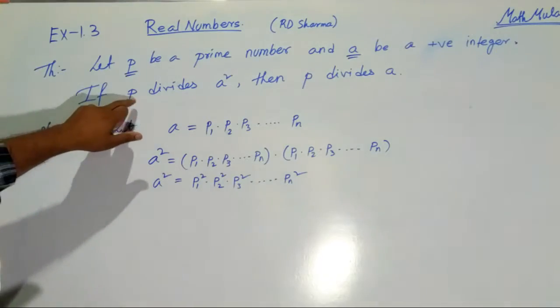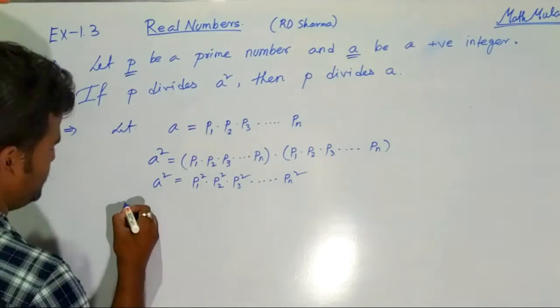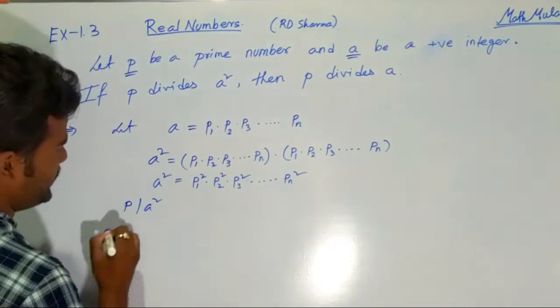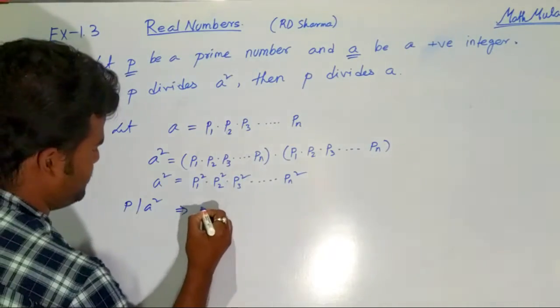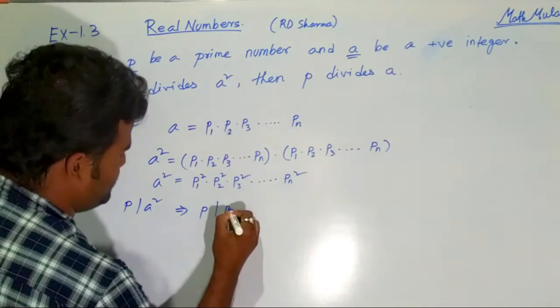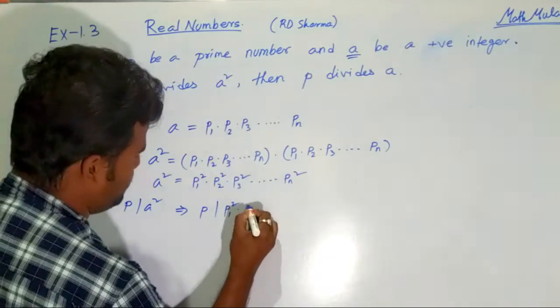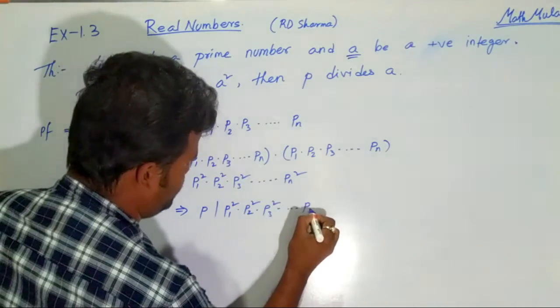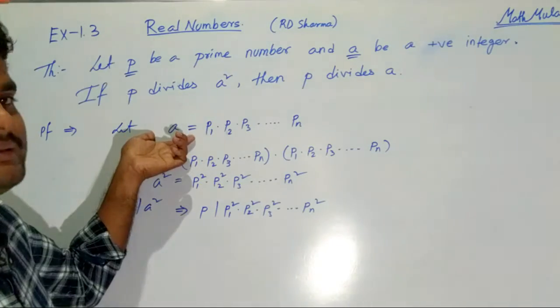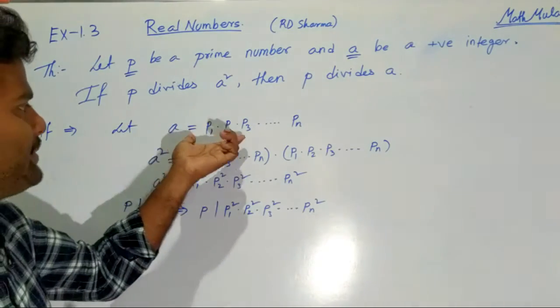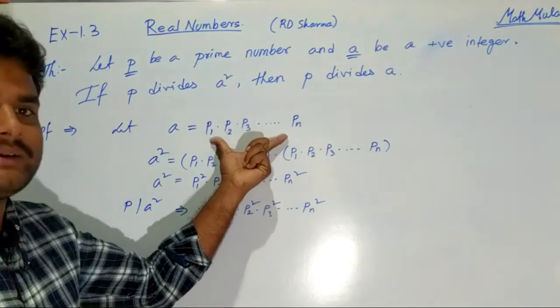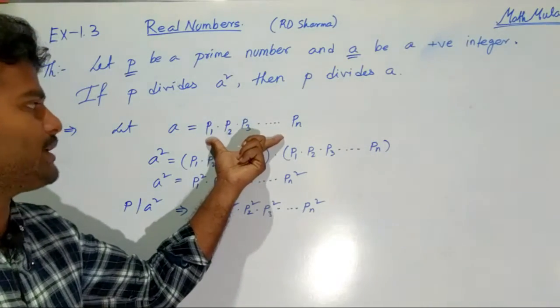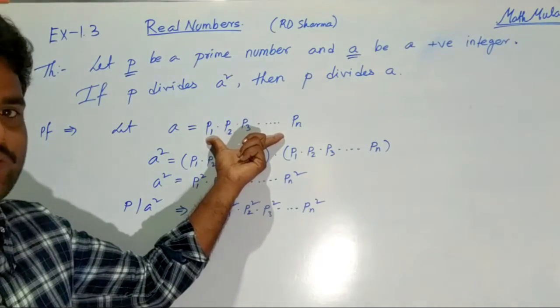Now P divides A square, that implies P divides P1 square, P2 square, P3 square up to Pn square. A is any composite number and can be expressed as the product of prime factors, and this product of prime factors is unique.